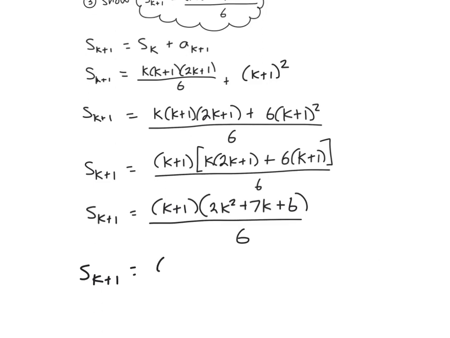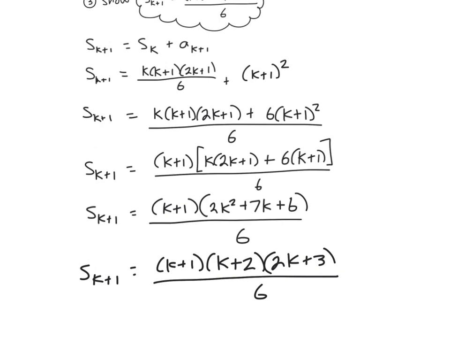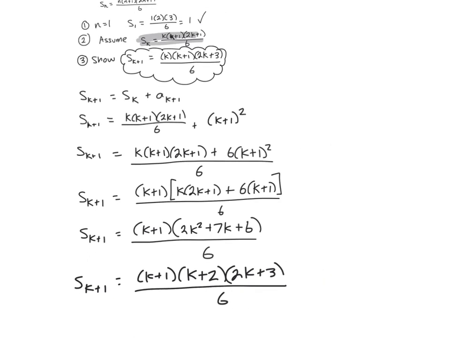So I end up with (k+1)(k+2)(2k+3)/6. And if you look back, this is exactly the scenario that we were trying to create. So since we have shown that it works for k+1, we know that that statement is true.